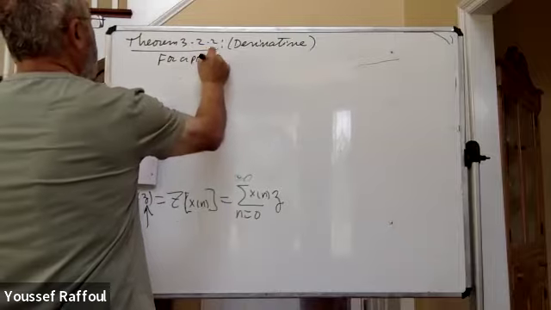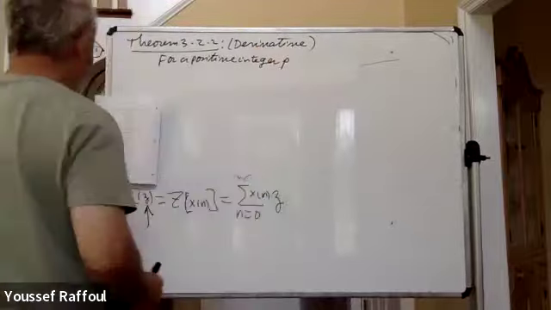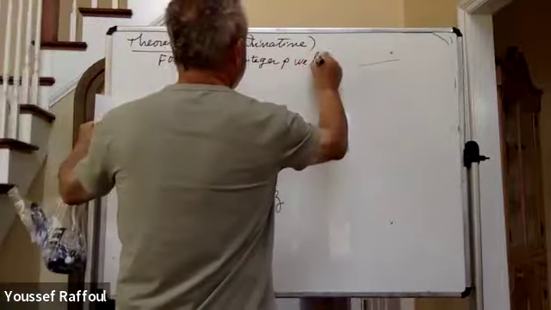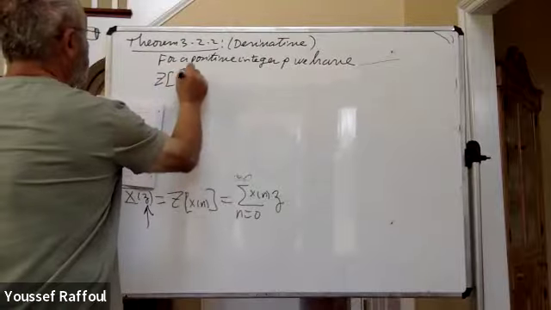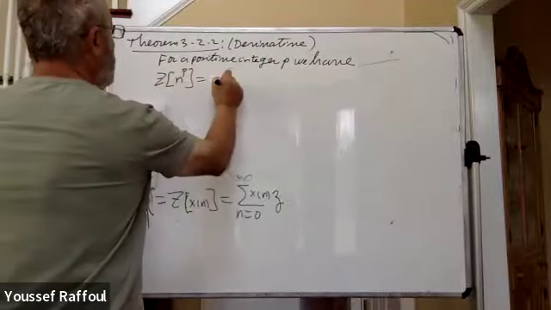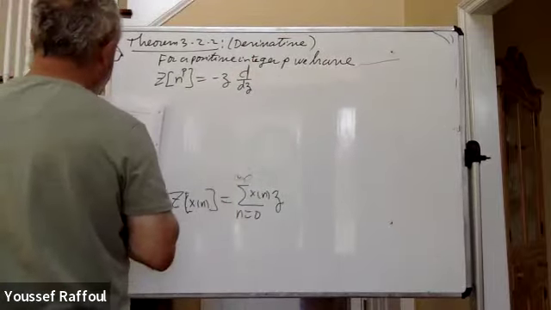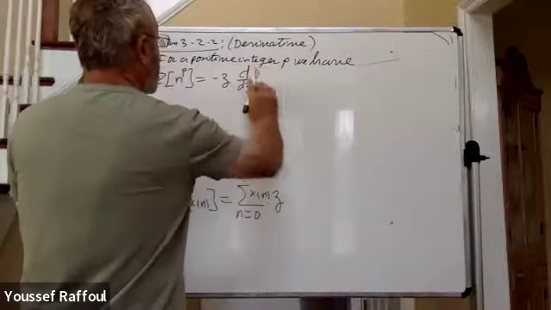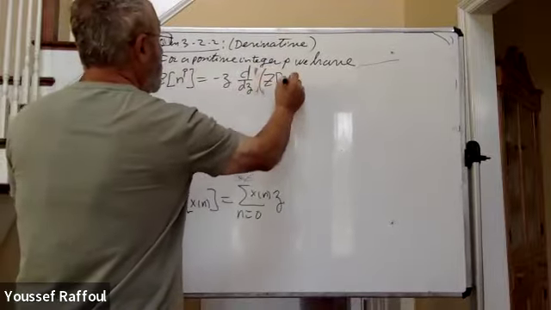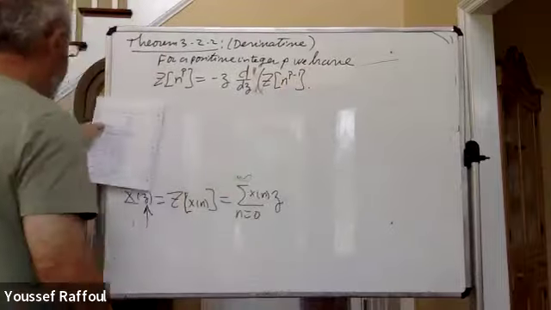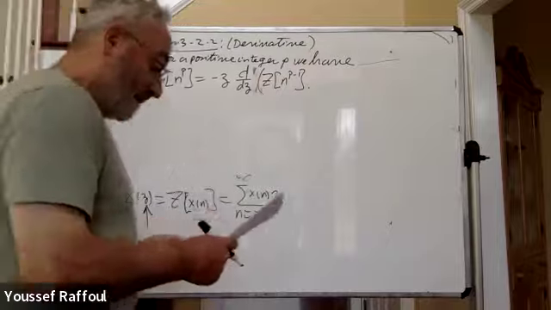For a positive integer p, we have Z of n^p is equal to minus z d/dz, the first derivative with respect to z, of Z of n^(p-1). Okay?